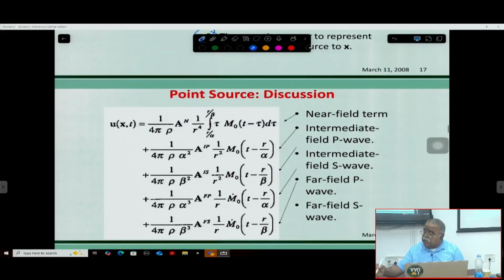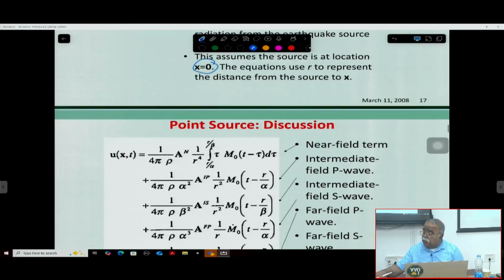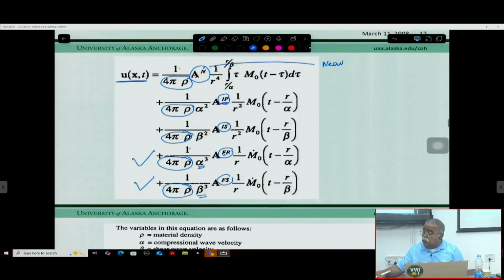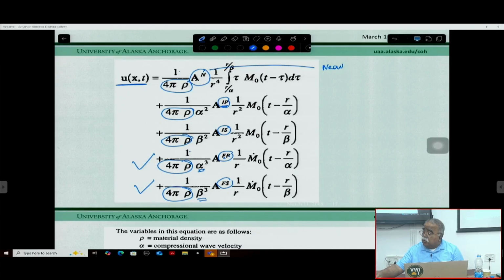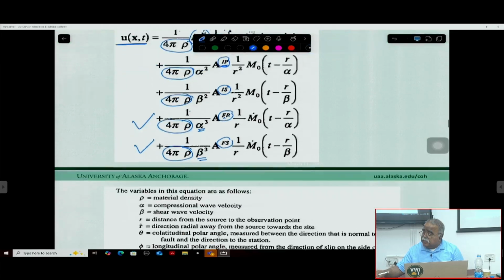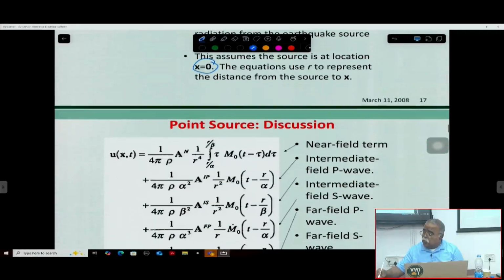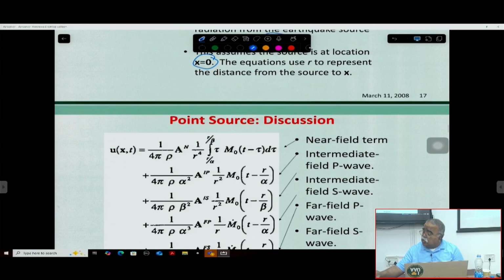So we are saying that this is basically your m tau into m0. So this is the function. You can put it here, 1/r. So this is your near field term. If you have a very near field, you can only take up to this much.